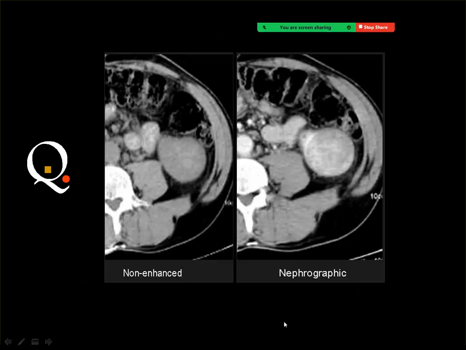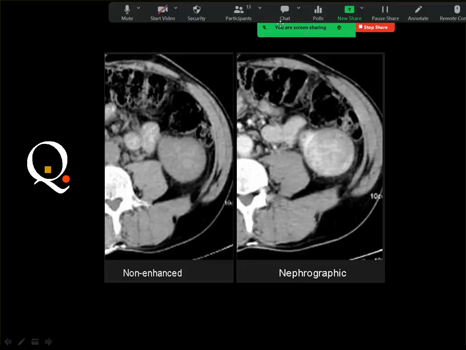Next case is pre-contrast and post-contrast scans of the region of the left kidney.